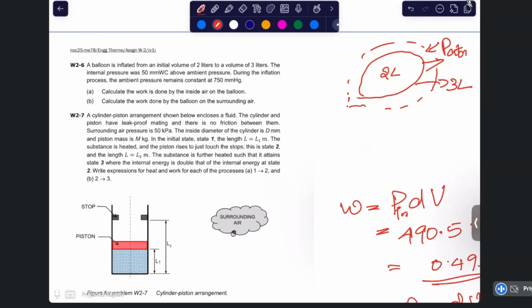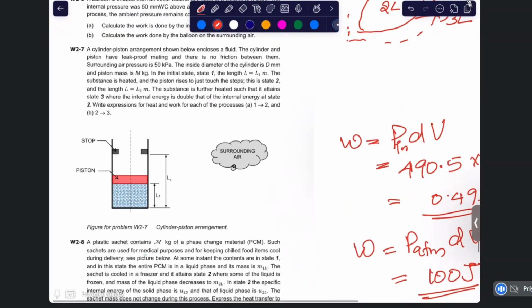Okay, so what is happening is you have got some substance inside a cylinder piston arrangement and then you're heating it up so that with that heat the substance is expanding. Initially the piston was at L1 meter distance from the bottom of the cylinder.